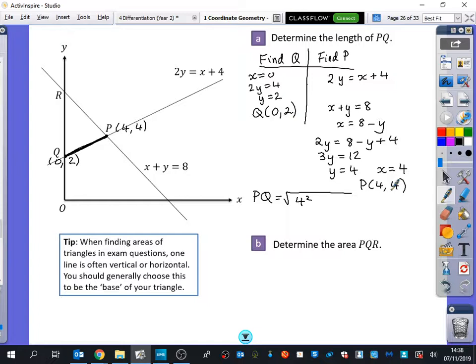It's 4 plus 2 root, which is 2 root 5. One thing about this question: if I tell you to find PQ, what do you know?